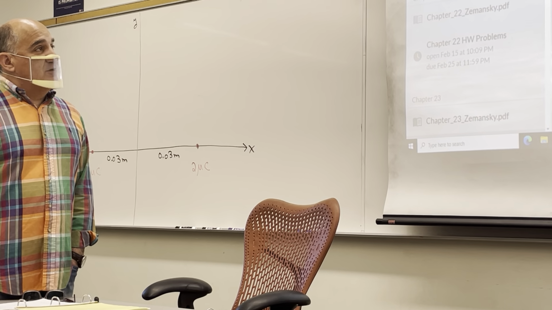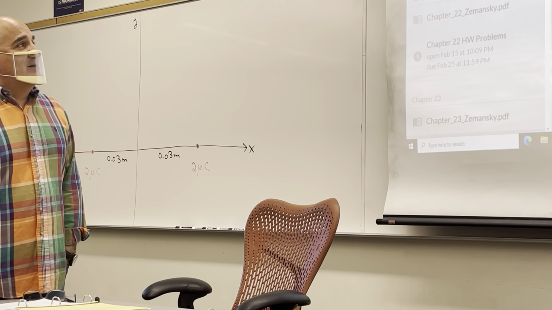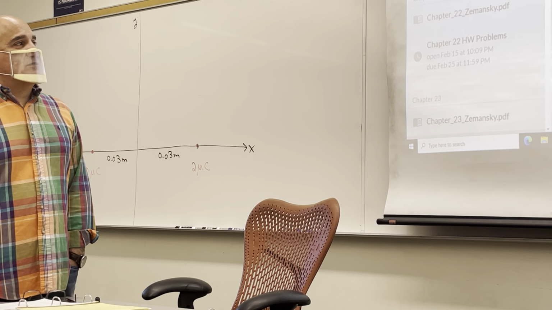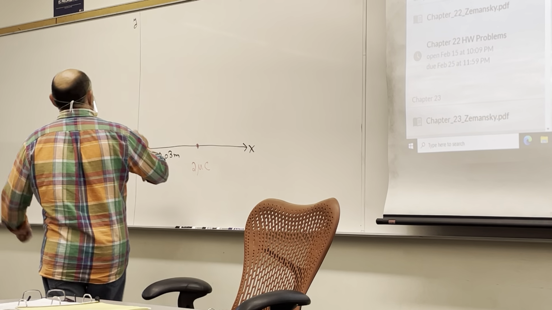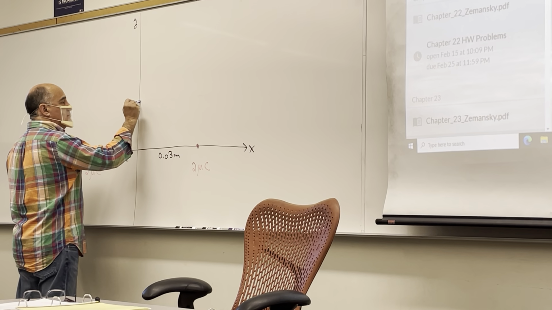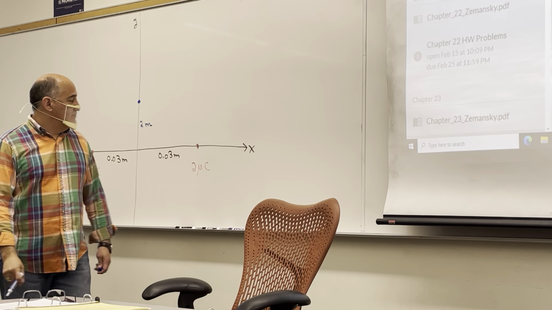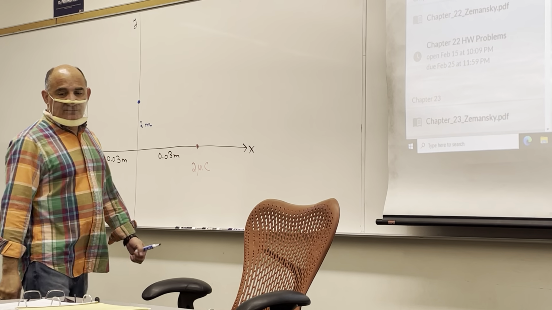Consider another charge of 4 microcoulombs with mass 10 milligrams moving along the y-axis. If Q3 starts from rest at 2 centimeters, so this is Q3, and this is 2 centimeters.